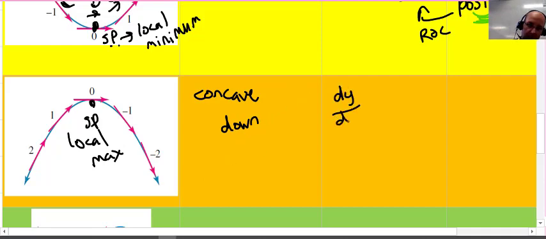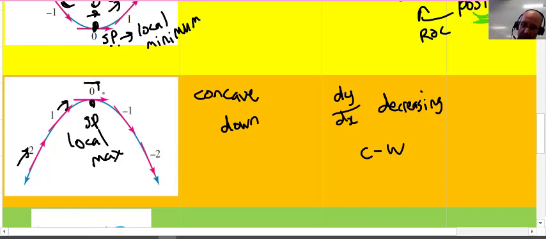Our first derivative dy/dx is decreasing. It's the opposite scenario to what we just saw. So the tangents are going clockwise as they change. We can see quite positive here, less positive, 0, slightly negative, more negative, quite negative. So that means the rate of change of those tangents, the second derivative, is negative.